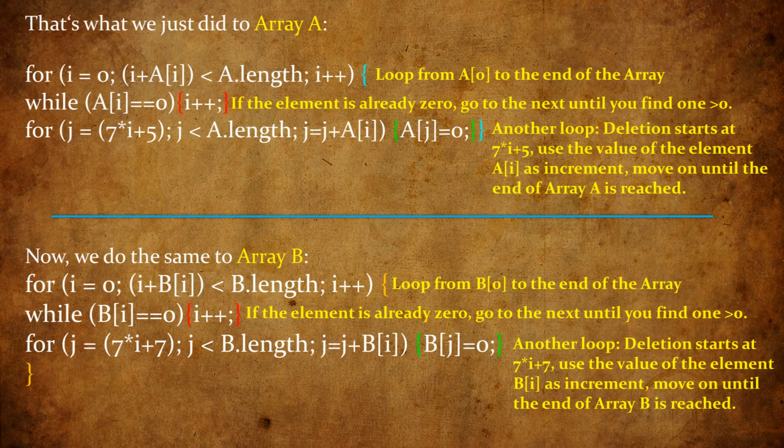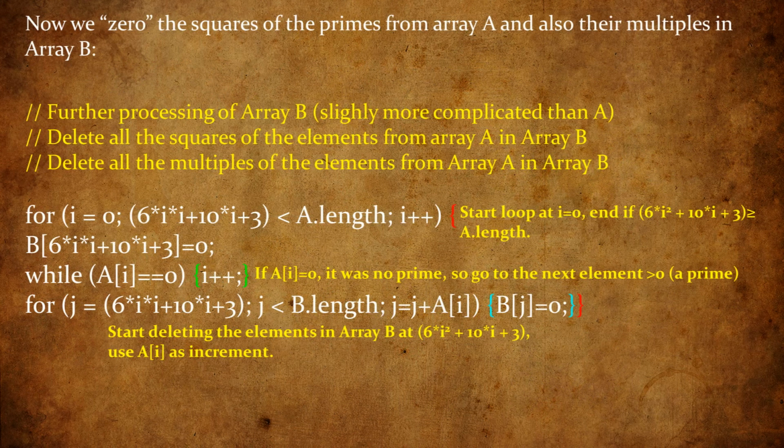And now we have to zero the squares of the primes from array A and also their multiples in array B. We start in array A and we zero the according element in array B using the formula we know that brings us to the square of it. And then we go on using ai as increment.